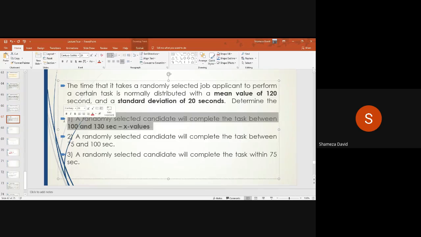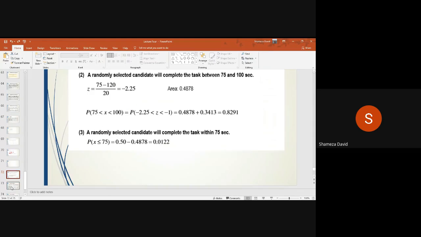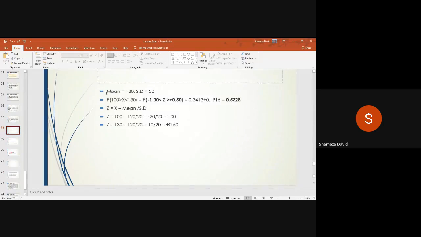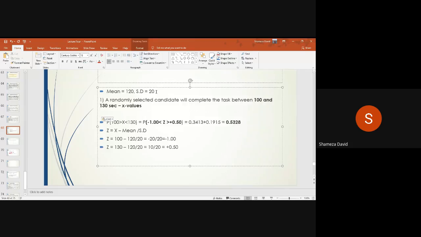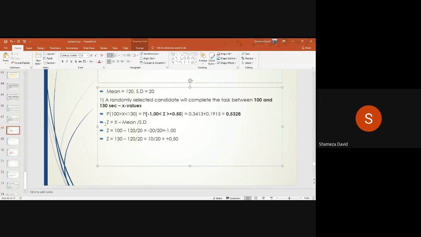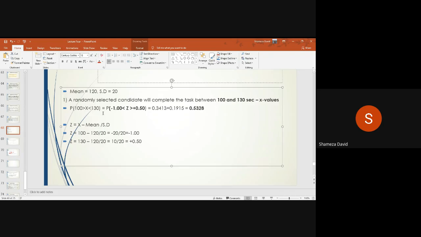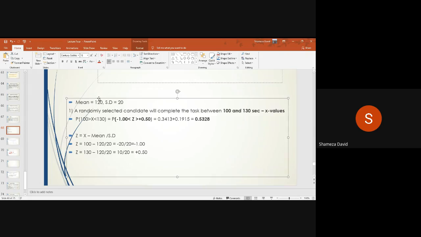The probability that a randomly selected candidate will complete the task between 100 and 130 seconds is 0.5328. And we arrive at that by converting those two x values of 100 and 130 to z values.